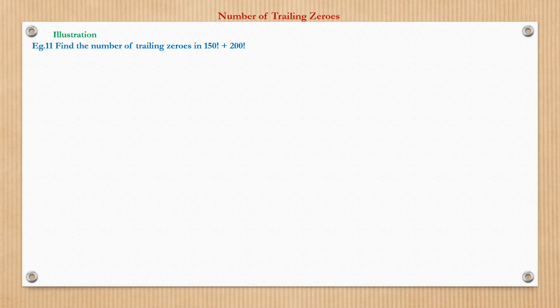We'll see one more example and then maybe close this session. So the example says we have to find the number of trailing zeros in 150 factorial plus 200 factorial, right? So n is 150 factorial plus 200 factorial.